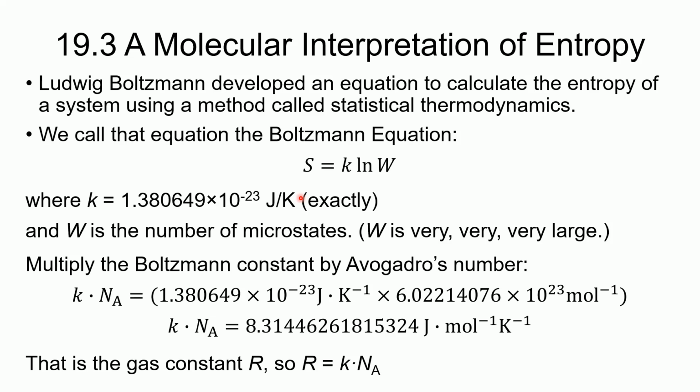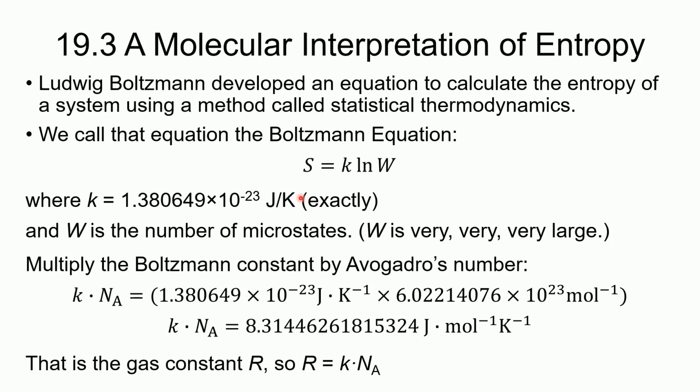The gas constant is essentially just Boltzmann's constant multiplied by Avogadro's number. In other words, the gas constant and the Boltzmann constant are closely related. They're essentially the same thing, except one is talking about the molar level and one is talking about the molecular level.